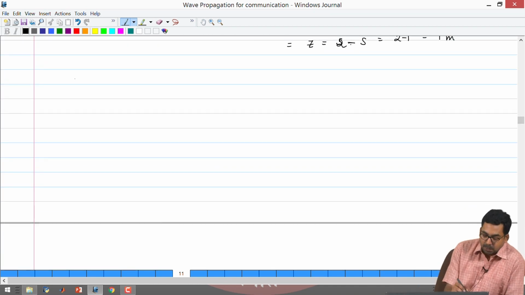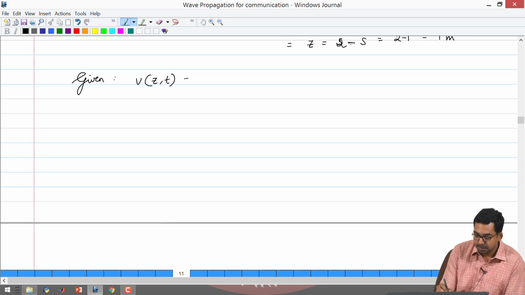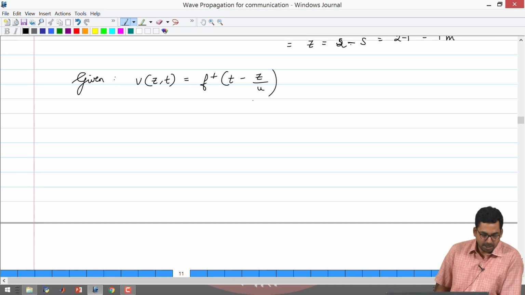So, just to go ahead a little bit with this, one can always ask a question that given that your voltage is f plus of t minus z by u, one can always try to find out what the current is going to be. So, if the voltage is of this form, what will be the current in your transmission line?